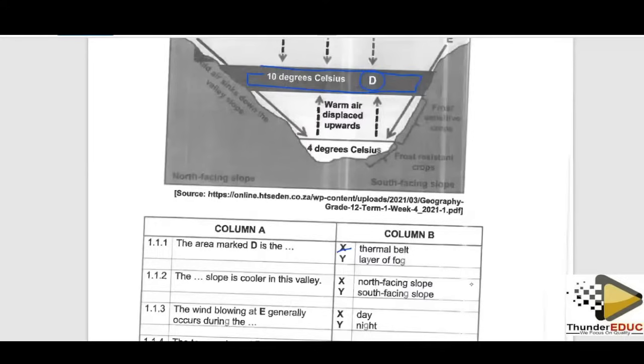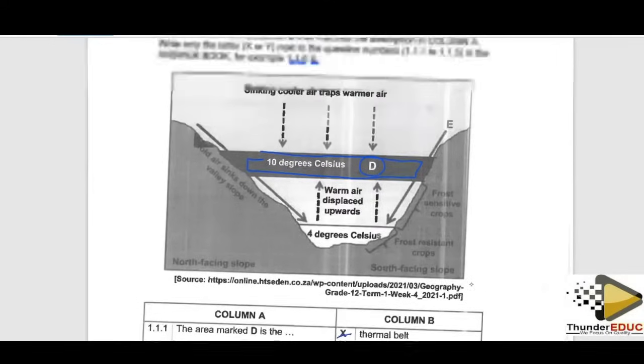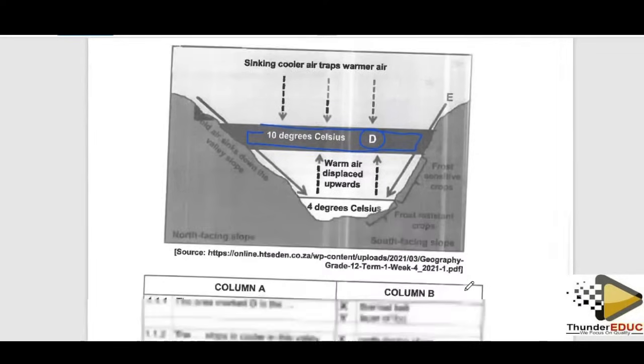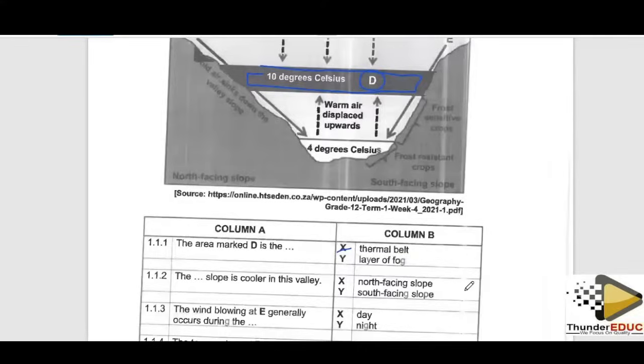Is it the south-facing slope or the north-facing slope? For our answer, because the instruction here showed us that this valley is situated in the southern hemisphere. Now, that is a concept you need to take into consideration to understand this question 1.1.2. Let's try to use this to see if we could understand this one nicely.